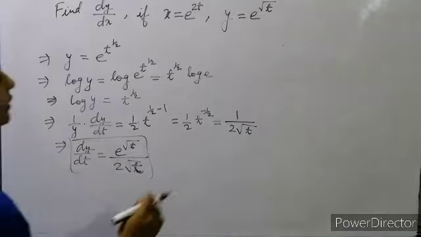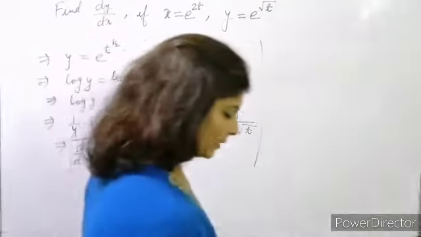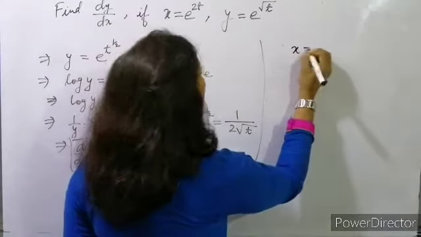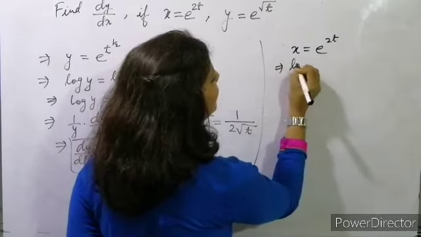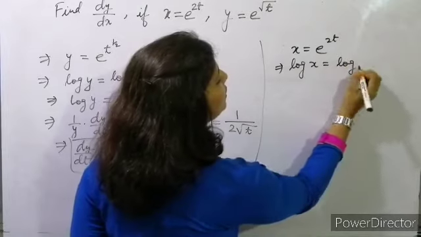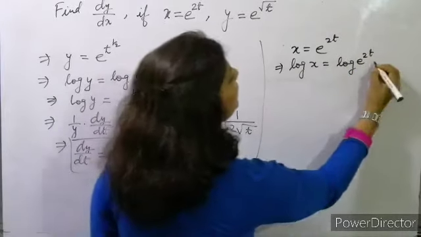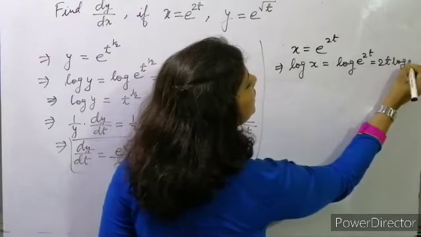Now we have to find out the value of dx by dt. So what will be the value of dx by dt? The value of x is equal to e to the power 2t. Applying log on both the sides, log x will be equal to log e to the power 2t, which means 2t log e.